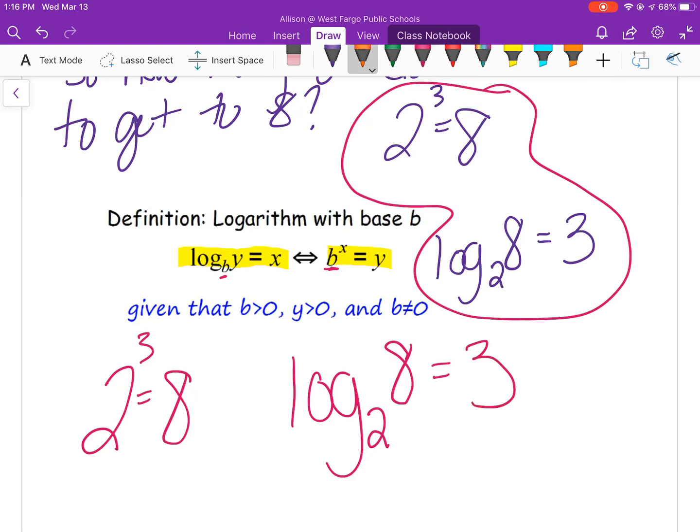I always remember it this way: this is your b, 2 to the third power equals 8. You have to have b greater than 0, y greater than 0, and you can't have a base of 0 for these to work. Those are a couple of restrictions.